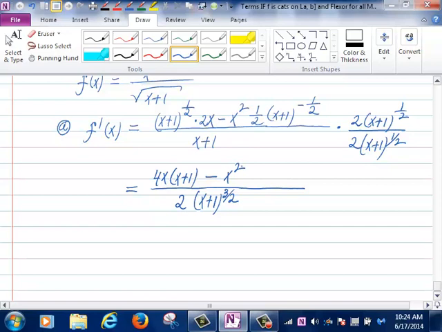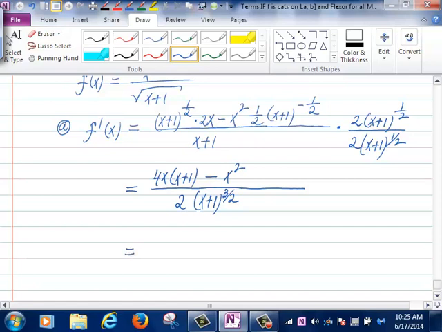The numerator, I am multiplying this with this. So if you multiply them, you get 2 times 2 is 4, you get 4x. And when you multiply x plus 1 to the half with x plus 1 to the half, you get x plus 1 to the half plus half, which is 1. Okay, so now what do I get?